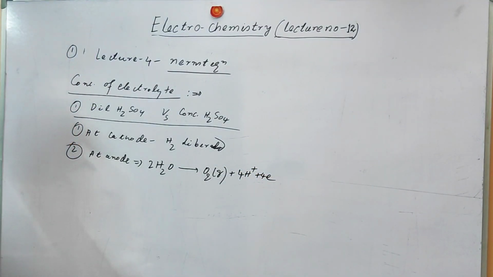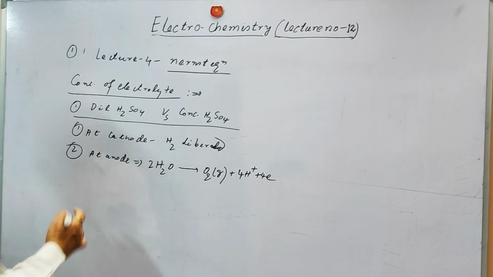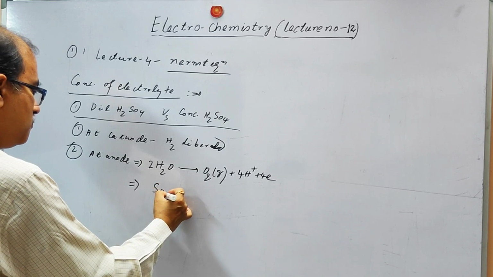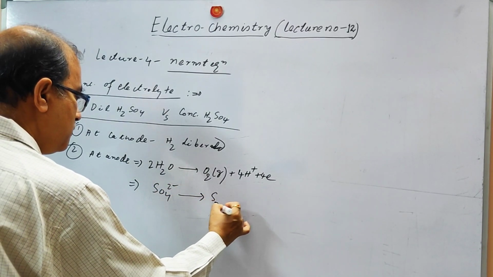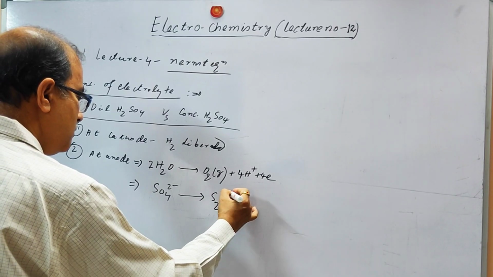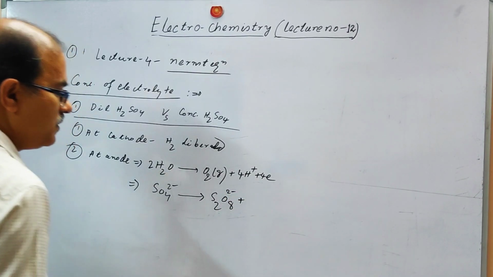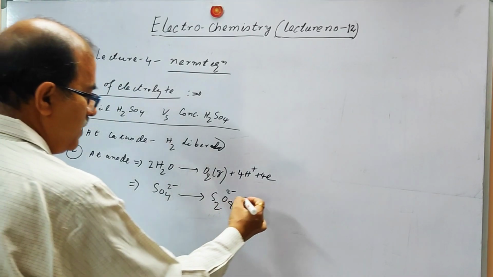This is the oxidation reaction of H2O at the anode. Another reaction that we can see is SO4 2 minus being oxidized to produce these ions, plus 2e minus.